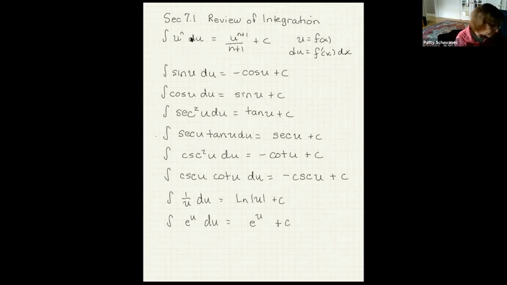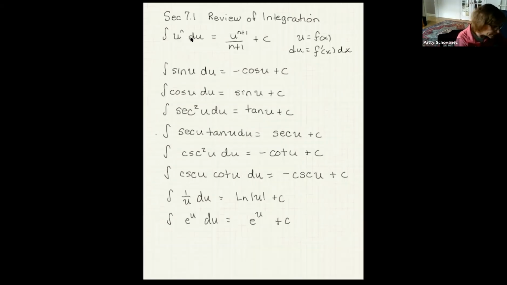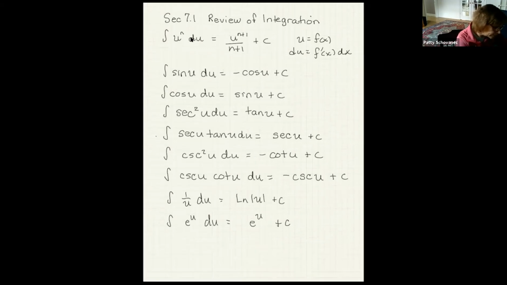Then we had 3 inverse trig functions. Let's see if I can get them all to fit on here. The integral of, let's see, the arctangent one looked like 1 over u squared plus 1 du.